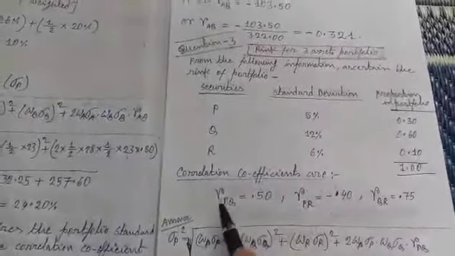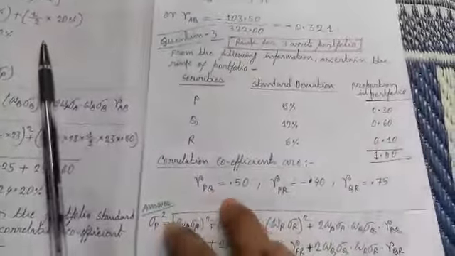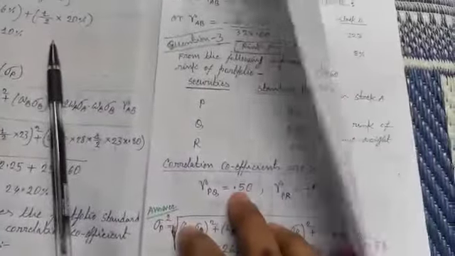Here RPQ of 0.5 means securities P and Q are positively correlated: if the return of security P increases by 1%, then the return of security Q will also increase, by 0.5%.